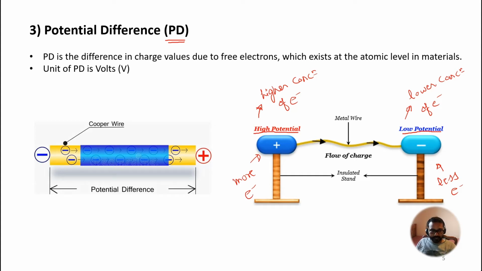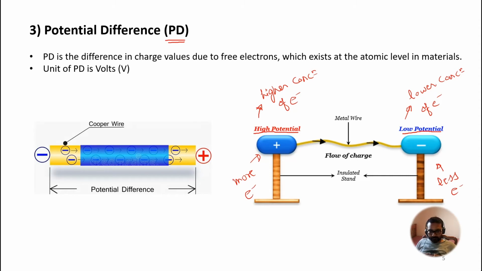Now on one side you have a higher number of electrons, right? Or the concentration of electrons is quite high. Now let's say in a small room, we have 100 people, they are made to stand or sit in one small room. So what would happen, the concentration of people will be more.